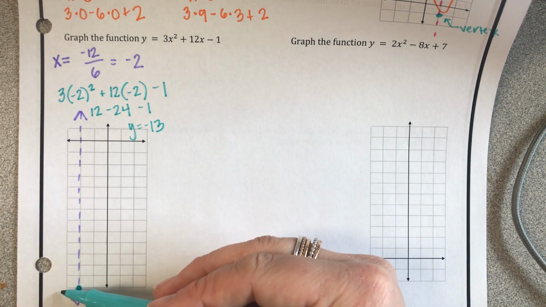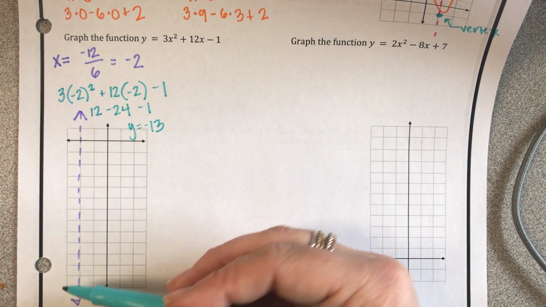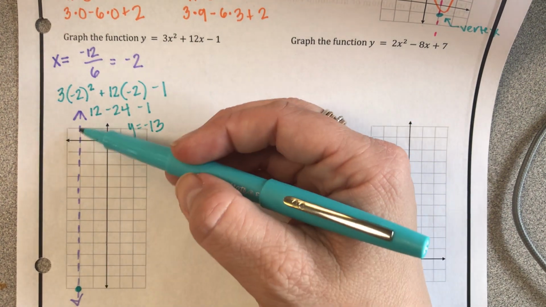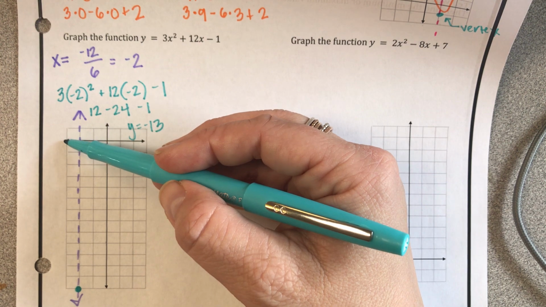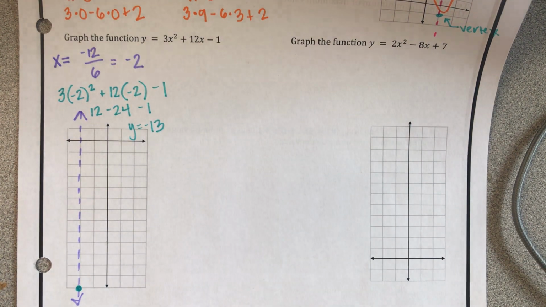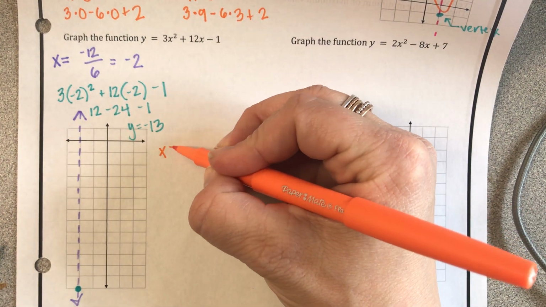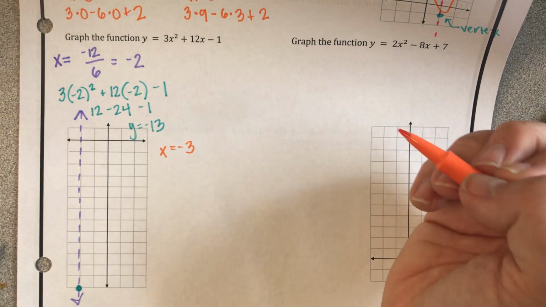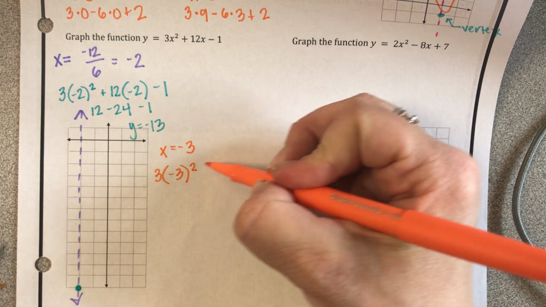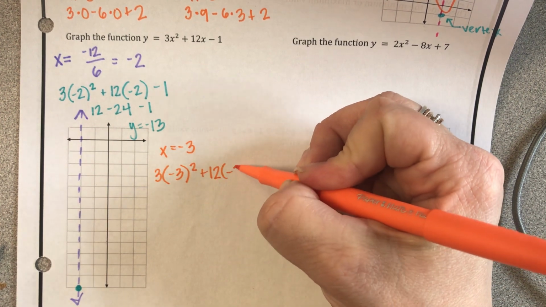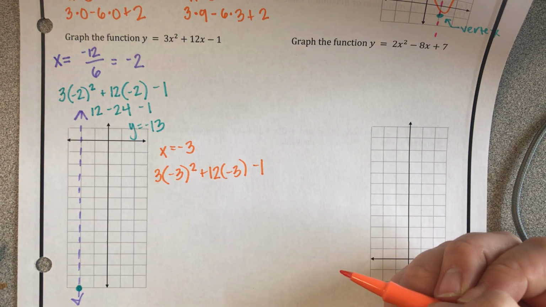Okay, so let's go 1 to the left. If I move 1 to the left, that's going to be an x value of negative 3. So if I put in an x of negative 3, let's see what happens. So I have 3 times negative 3 squared plus 12 times negative 3 minus 1.